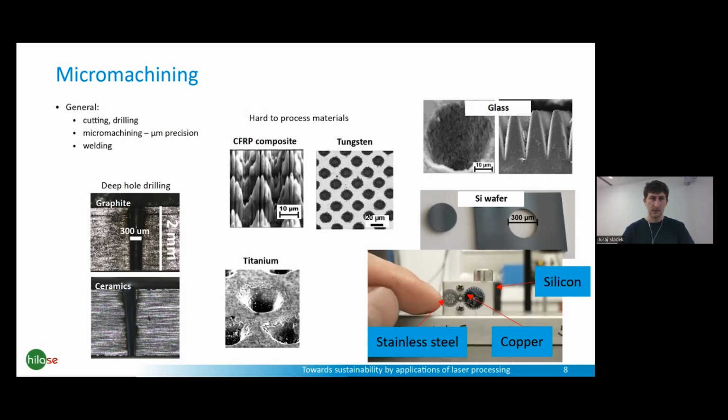Then we can process materials which are normally hard to process, such as tungsten, titanium, or some composite materials. We can also process glass or other different materials, and there is some example on different metals processed at different wavelengths, so that we get always the optimal interaction conditions.